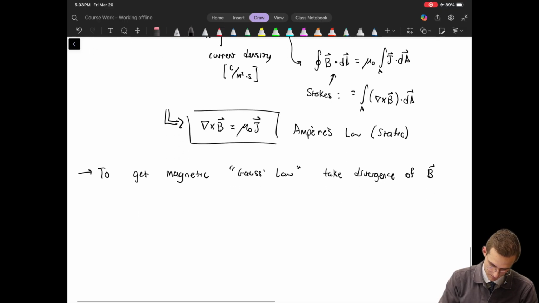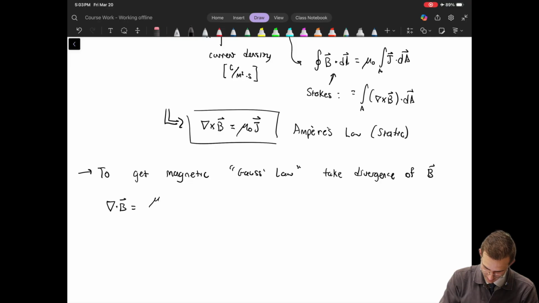So the divergence of B is going to be equal to mu naught over 4 pi. And remember, B is a function of R, so this divergence, or this gradient operator, is with respect to R, not R prime.